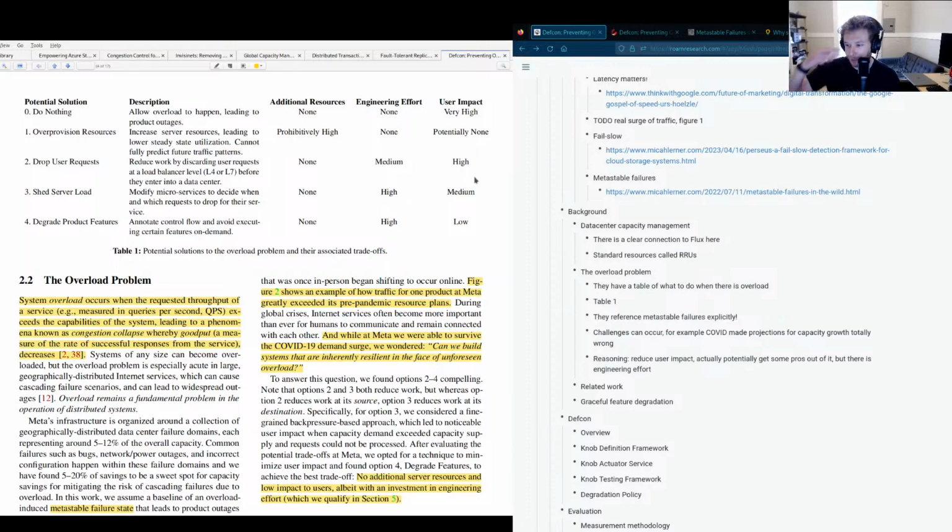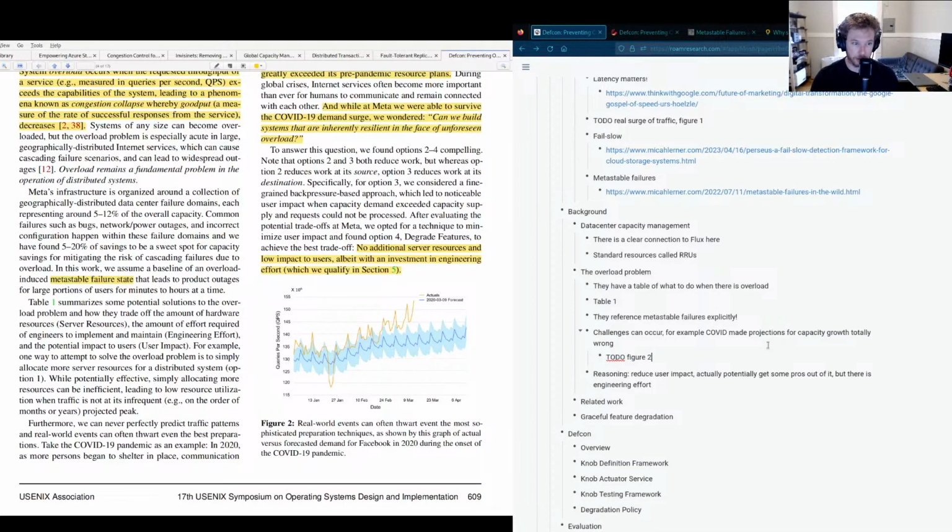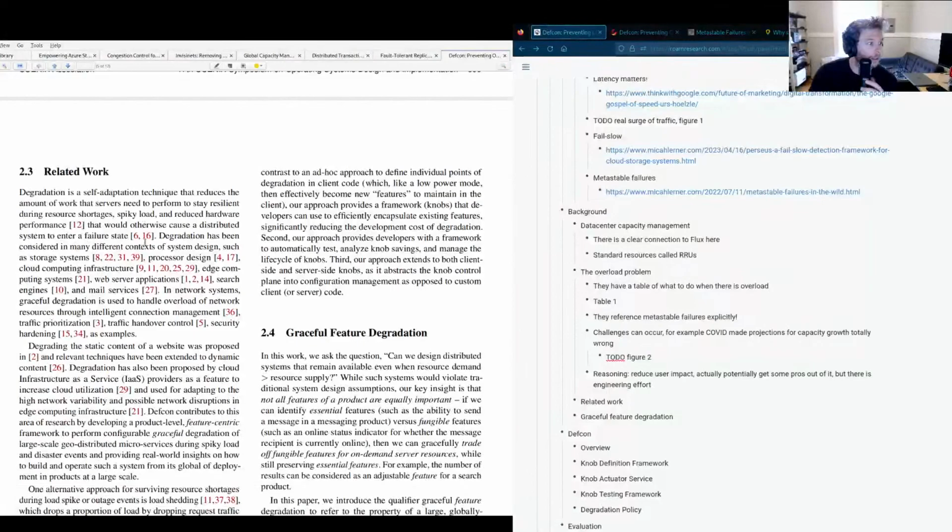I think we'll learn about how they actually implement this, but trying to imagine telling some group that their feature is actually low priority seems difficult. Anyways, and then they have figure 2. Cool.